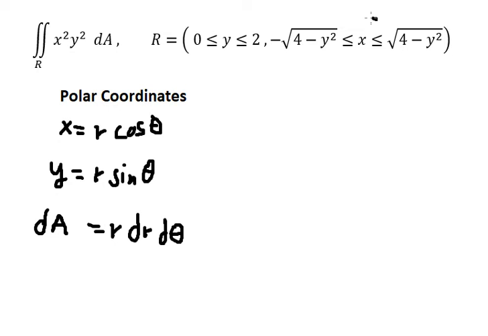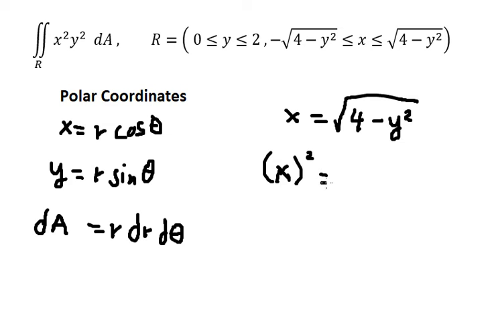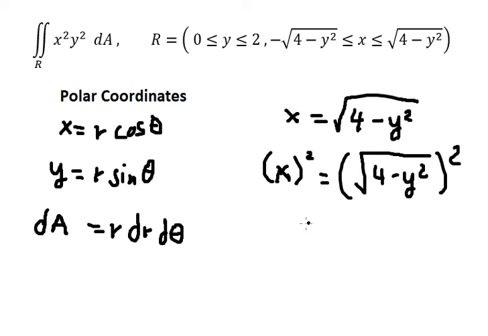So we need to select this one in here. We put the power of 2 on both sides to cancel the square root, and we have x squared equals 4 minus y squared.